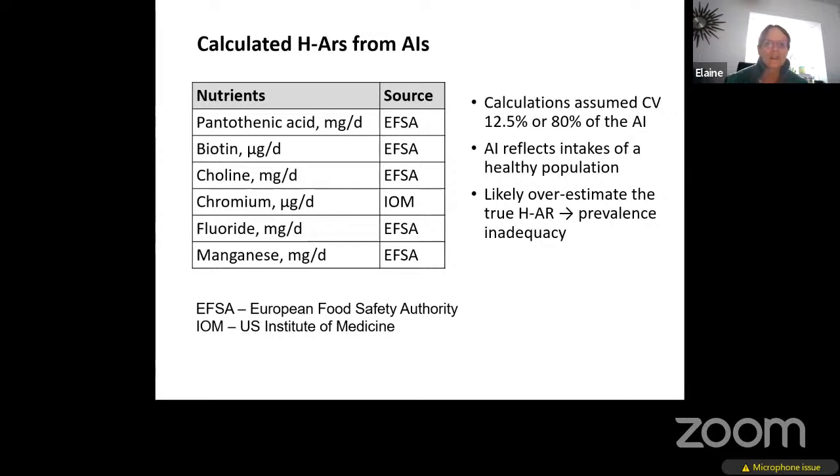They've done this for pantothenic acid, biotin, choline, chromium, fluoride, and manganese. They've assumed a certain coefficient of variation, based on the AIs, etc. So for some of the harmonized average requirements within this set, they're actually based on AIs rather than evidence of what the actual requirement distribution is. So just be aware of that.